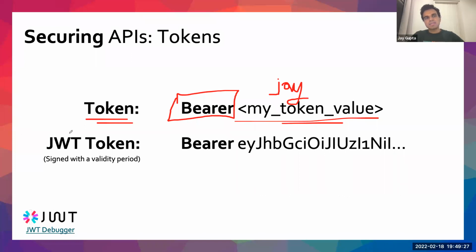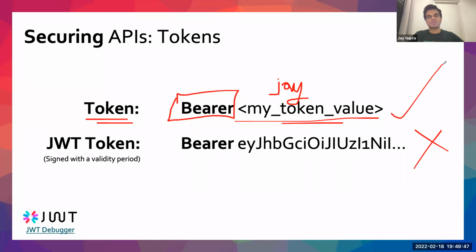Then there is a second category called JWT tokens. JWT is an encoding standard for tokens that contains a JSON payload. For the scope of this workshop, we don't need to go very in depth about what JWT tokens are. We are not going to use this in our workshop.